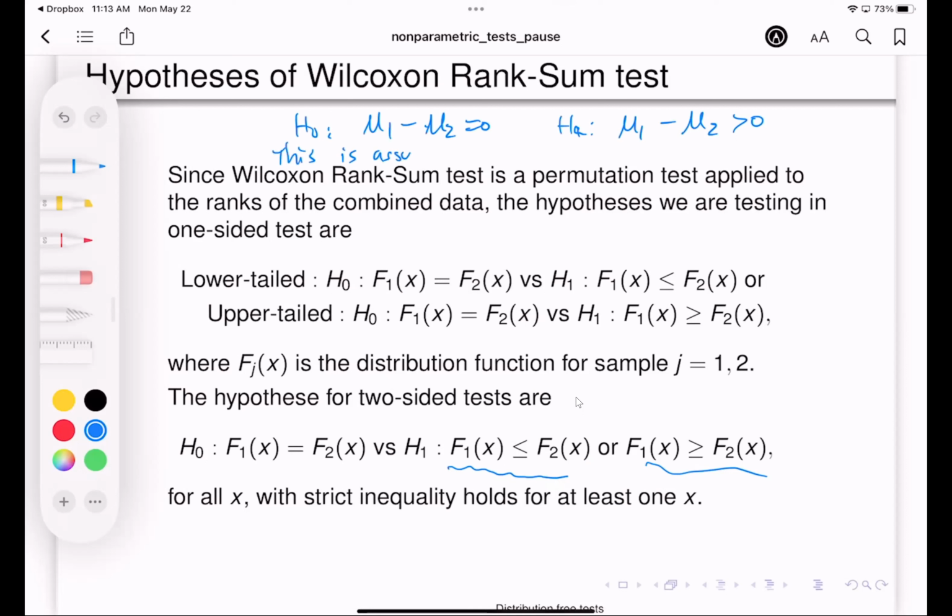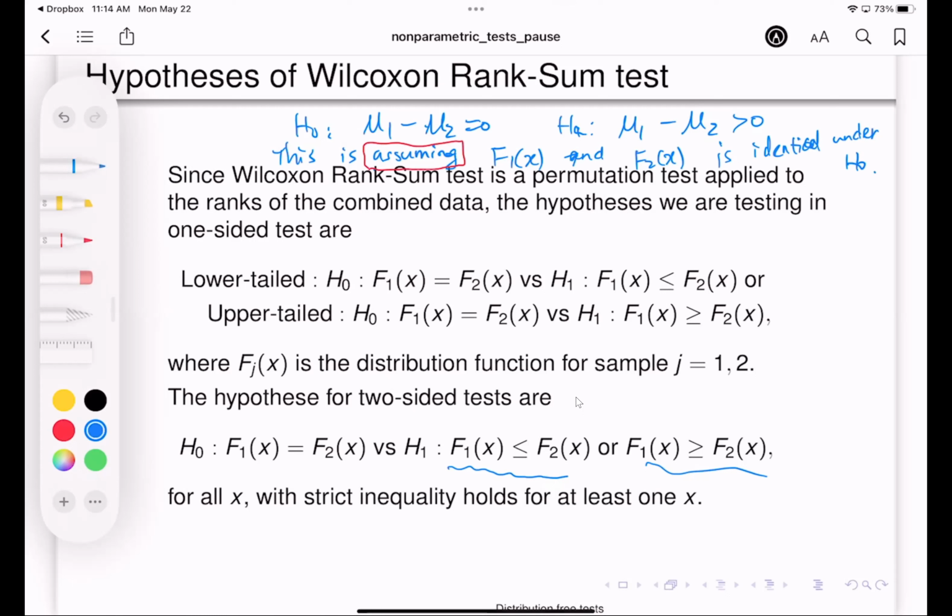This is assuming that the distributions F1 and F2 are identical under the null hypothesis. It's not testing that, but making an assumption.